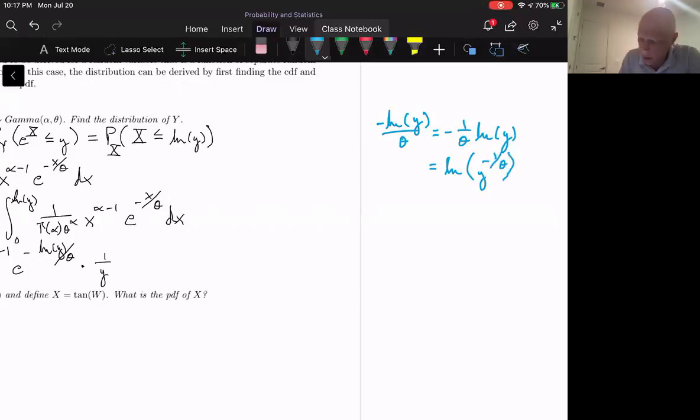That's helpful because in the end, we want e to that. And what do you know about the exponential of a log? It becomes the exponent. Yeah, good, Alvin. And so this is just y to the negative 1 over theta.